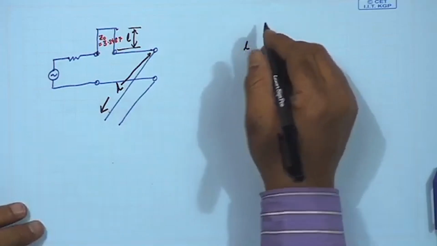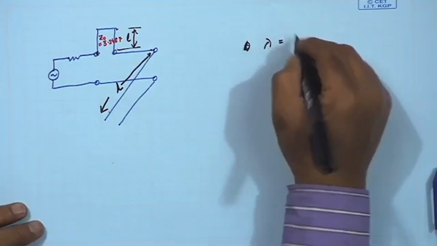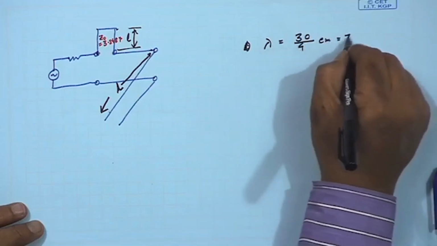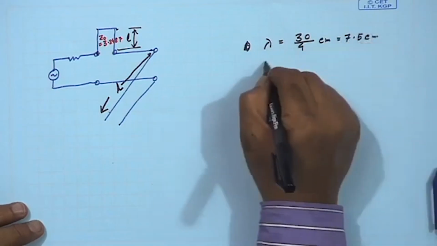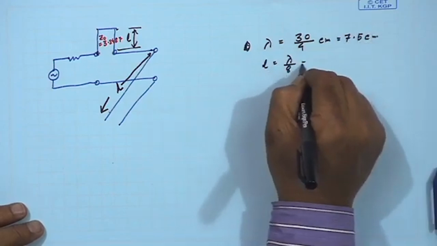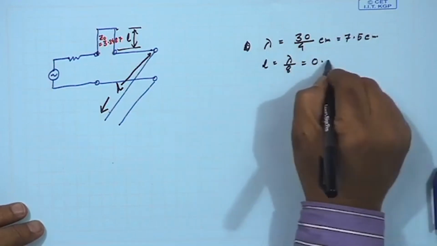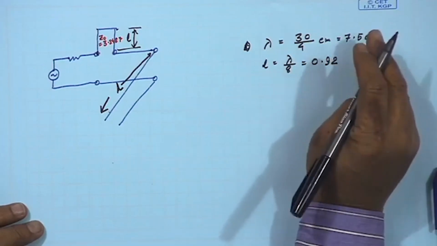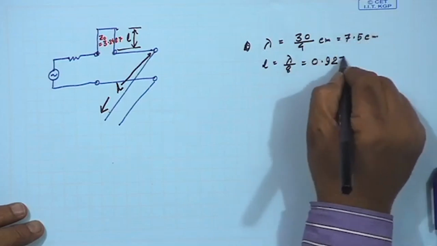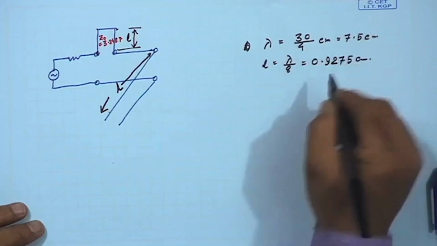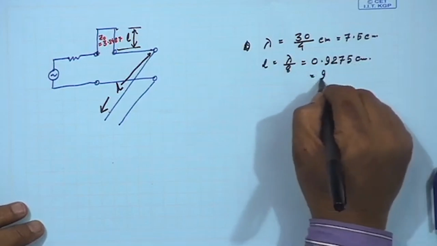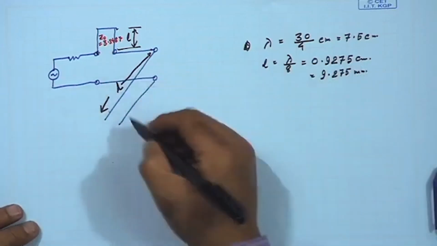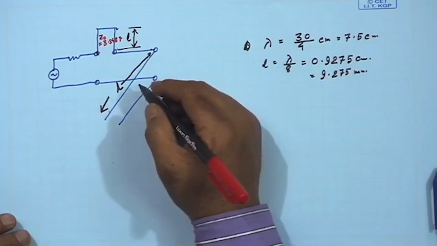At 4 gigahertz, lambda is equal to 30 by 4 centimeter, that is 7.5 centimeter. So, L is equal to lambda by 8, which is 0.9375 centimeter, or you can say 9.375 millimeter. So, all these lengths are this.